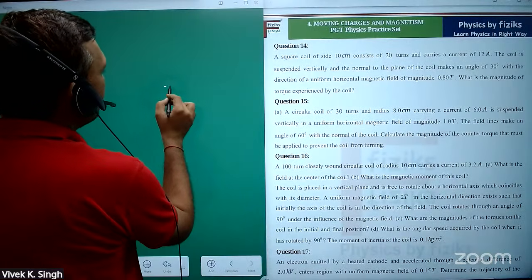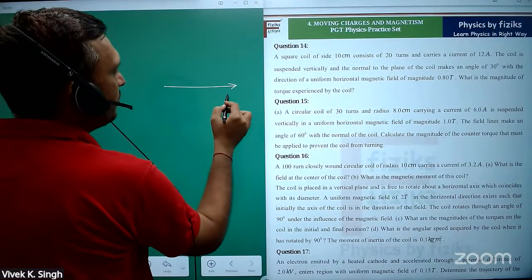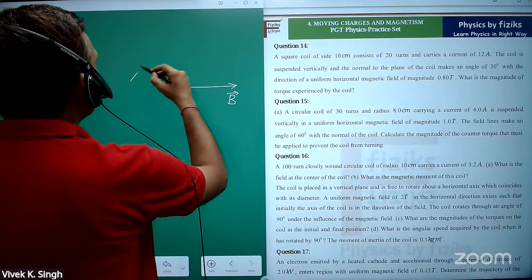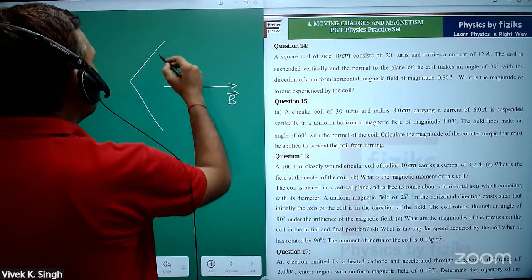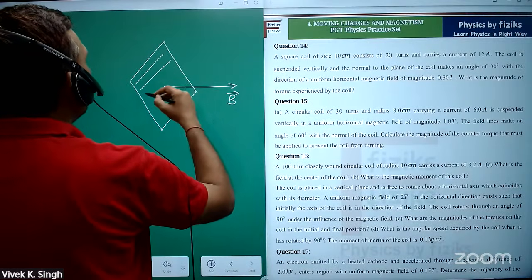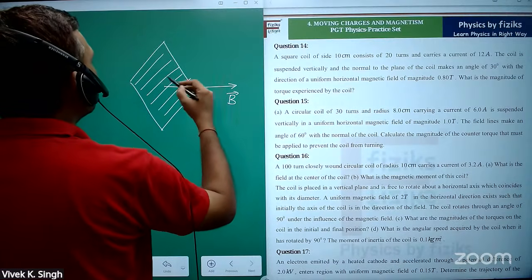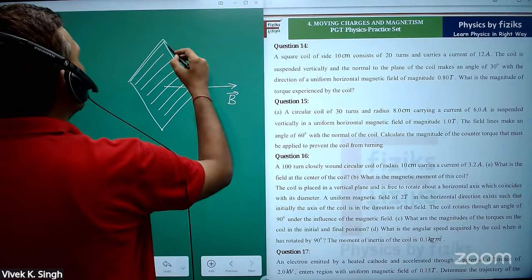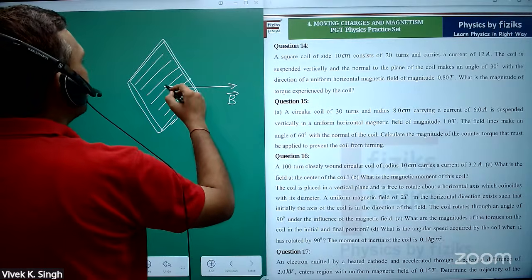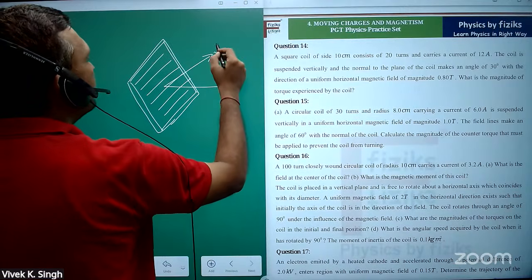So if you are assuming this to be the direction of magnetic field B, and let's see, there is a square loop and I'm assuming it has 20 turns, and this is N cap.